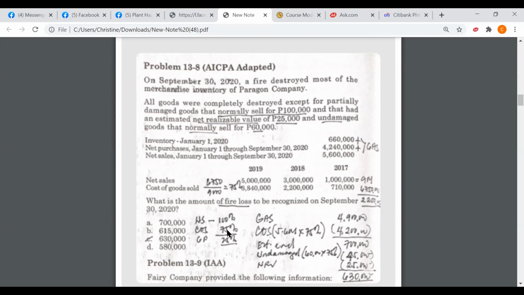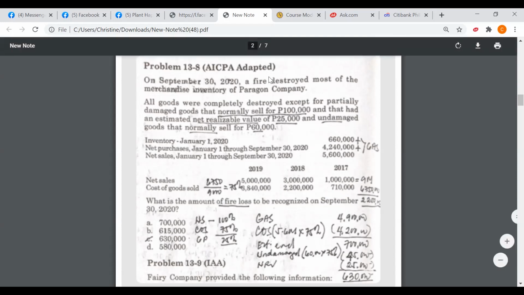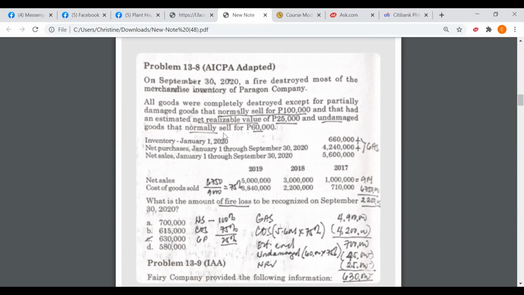If our COS rate is 75%, it means that your gross profit rate is 25%. Again, the problem here is silent as to where to base our gross profit, so it is only on sales. Using this, let's compute GAS. Adding these 2, less your COS, that's net sales multiplied by the cost rate as computed here.